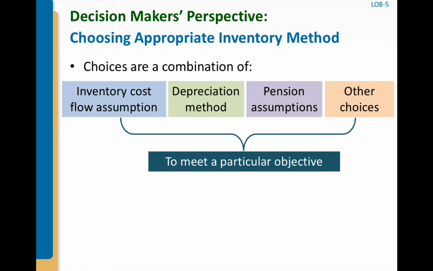So a decision maker can formulate the cost flow assumptions, depreciation method, pension assumptions. These are all choices the decision maker is allowed to make, and there are obviously some other choices as well. And you're going to take the benefits of each of these categories in deciding, and weigh them against each other, compare them, and see how they interplay with each other and with whatever particular goal you're trying to reach.